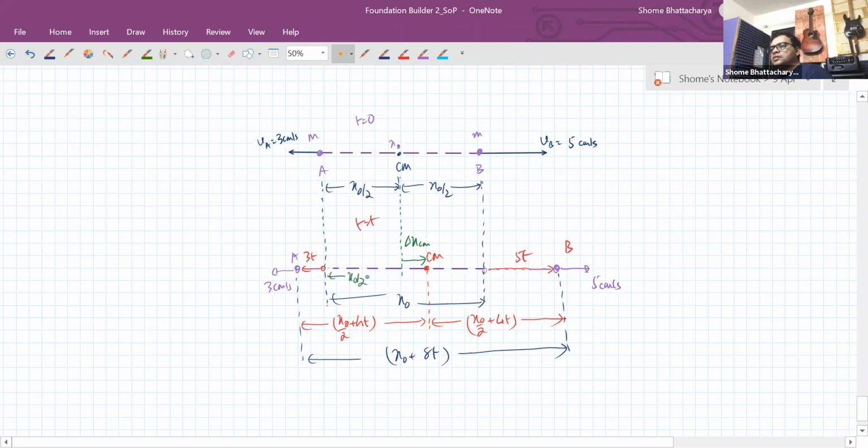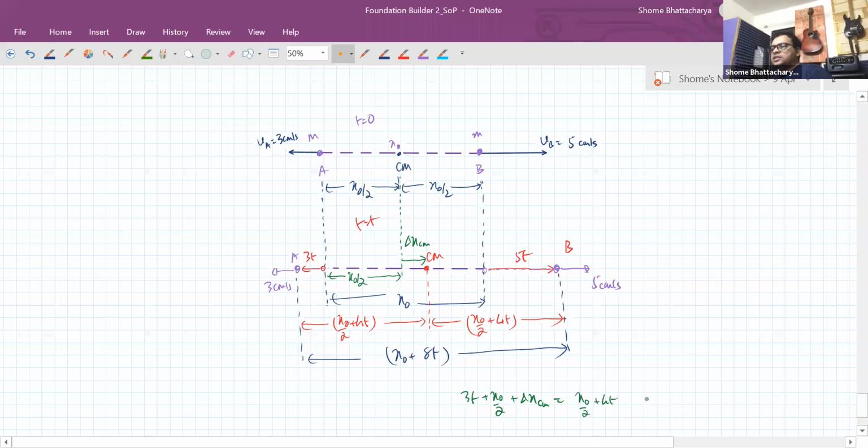It is x naught by 2. So this value here, which is 3t, plus this value, which is x naught by 2, plus this value, which is delta x of the center of mass, the displacement of the center of mass, should be equal to this value below, which I've written, which is x naught by 2 plus 4t.